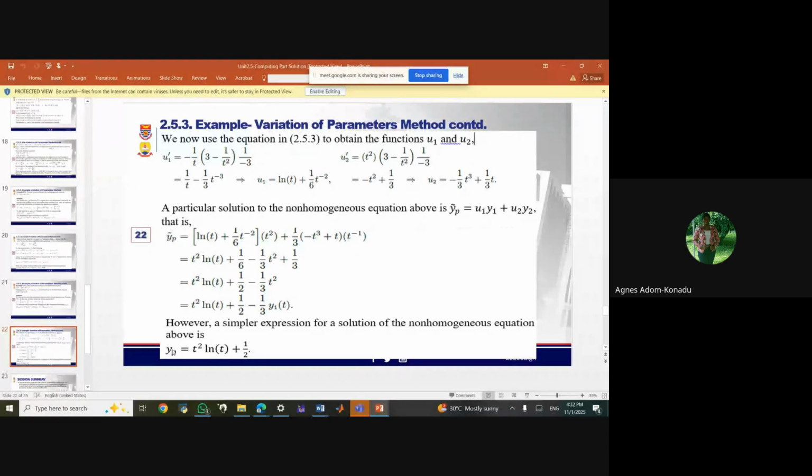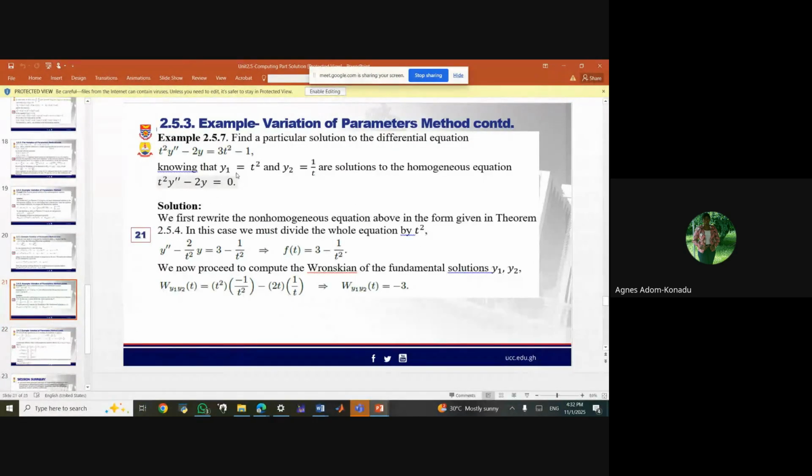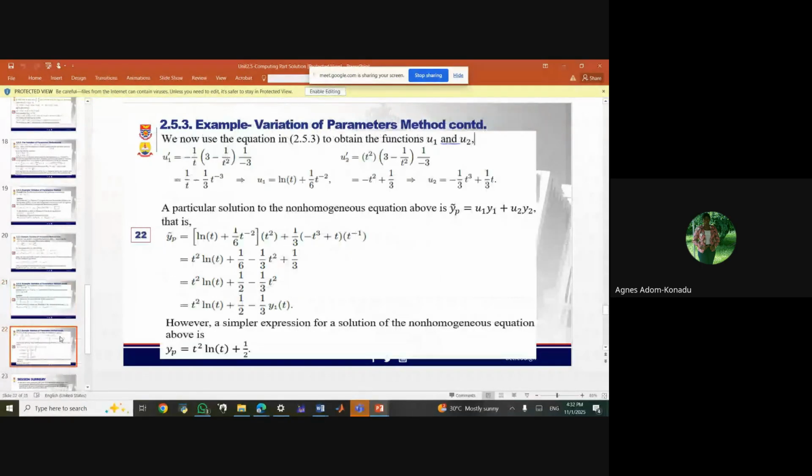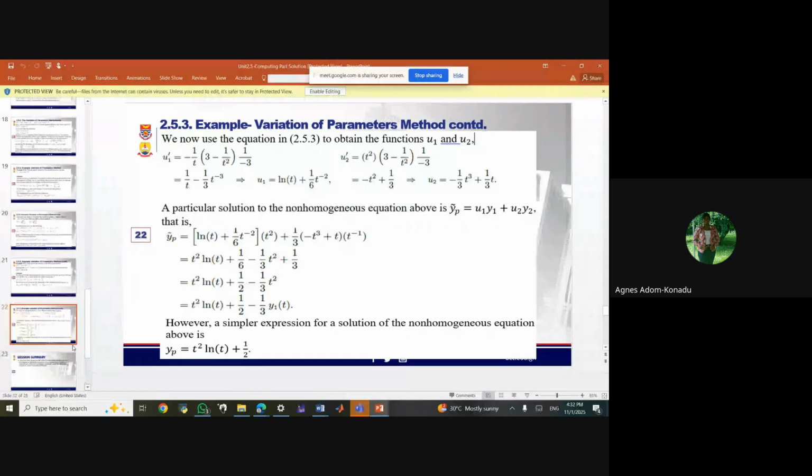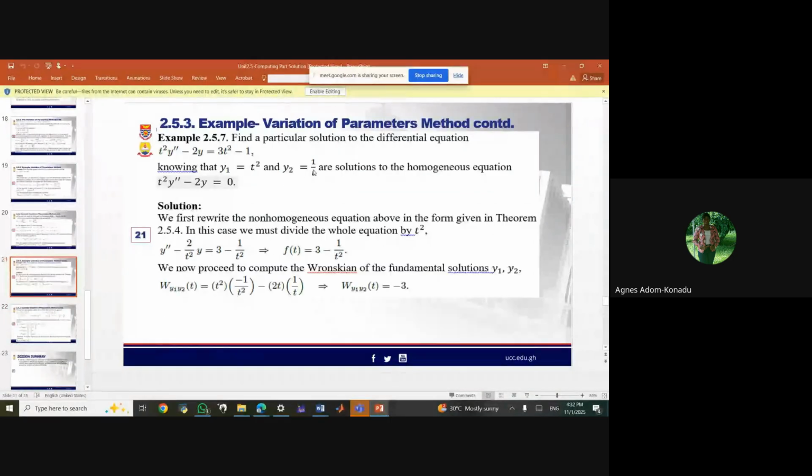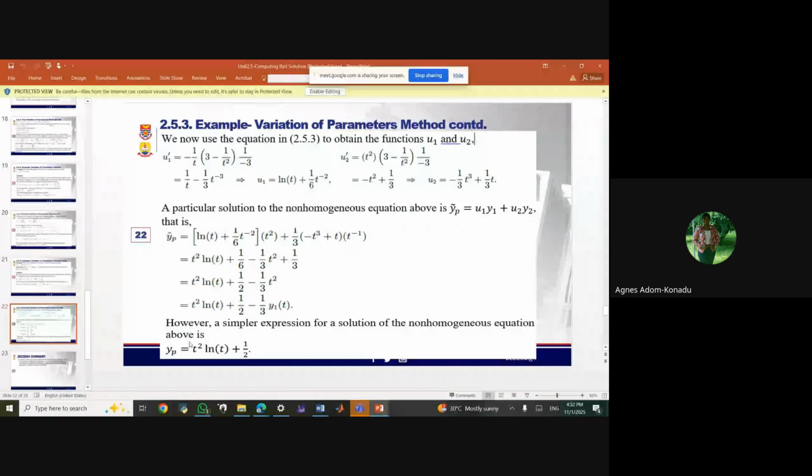So my general solution will be the general solution for the homogeneous part, t to the power 2 plus 1 over t, plus t squared ln t plus 1 over t. This one is for just the particular solution, but the general solution will be this plus this, then plus the solution we just got.